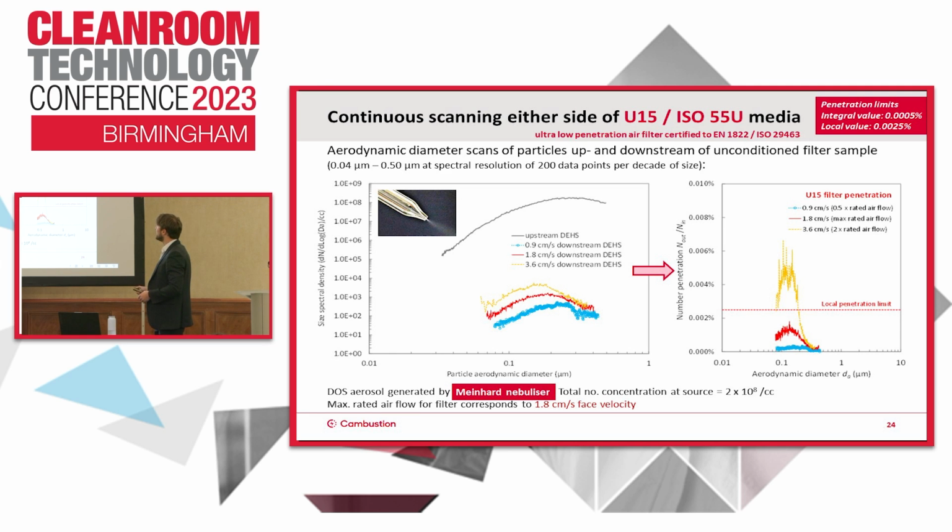And even with this very high filter grade, we're still able to obtain size information on what's emerging downstream. You can see on the axis, this is going up to 0.01% at the top by number. And this red plot corresponds to the maximum rated airflow for this particular filter sample. So that's just falling below the specified local penetration limit for that U15 category.